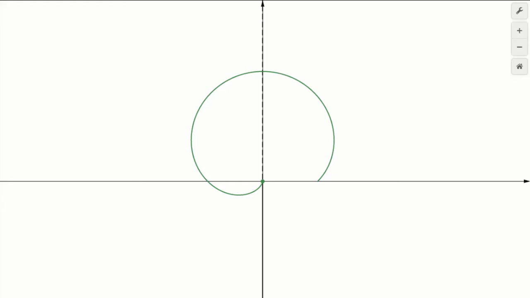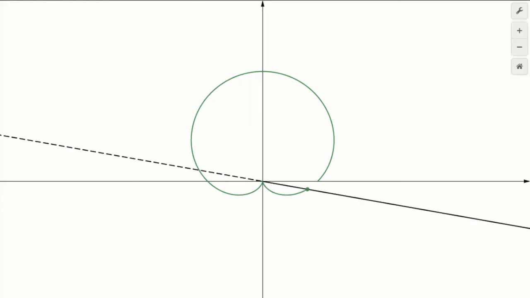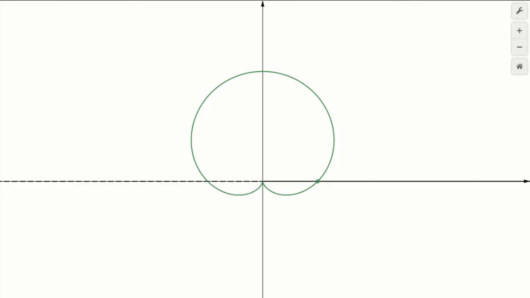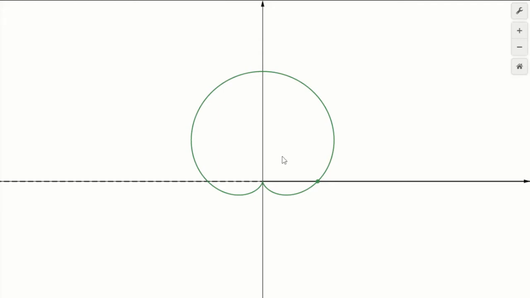Okay, and now I'm going to complete to 360 degrees of rotation, or a 2 pi rotation. If we go beyond one rotation, it's just going to loop over the same curve. So in that way, one rotation is enough to complete this curve of the function r equals 1 plus sine theta.